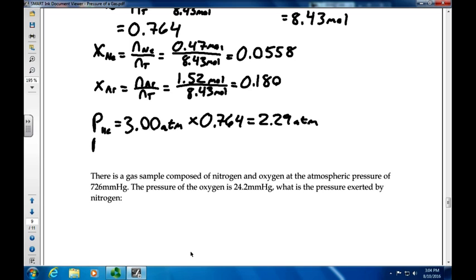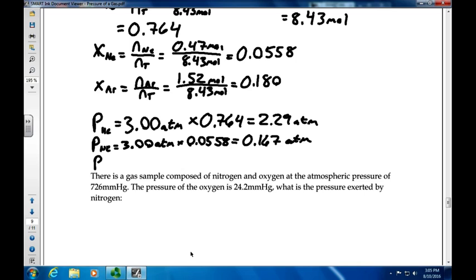The partial pressure for neon is the total pressure, 3.00 atmospheres, times its mole fraction, 0.0558, which is equal to 0.167 atmospheres.